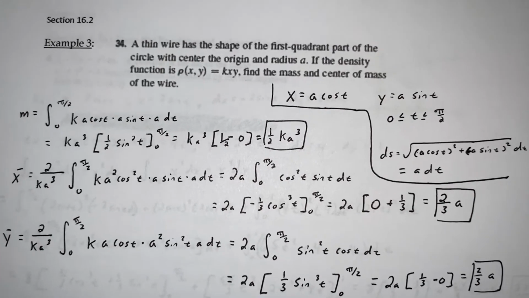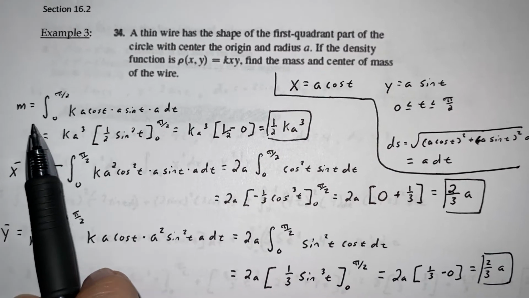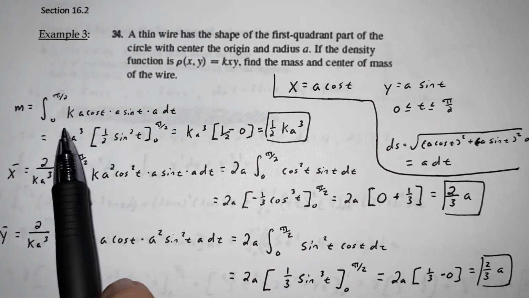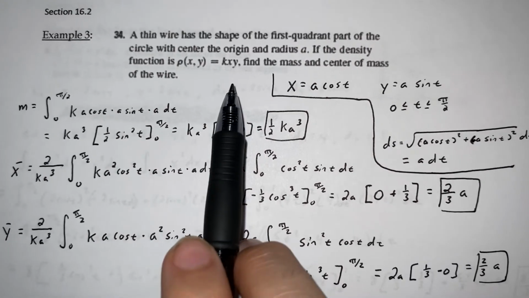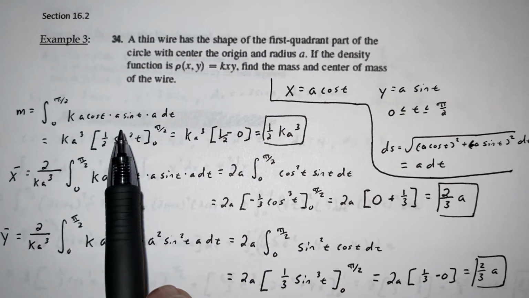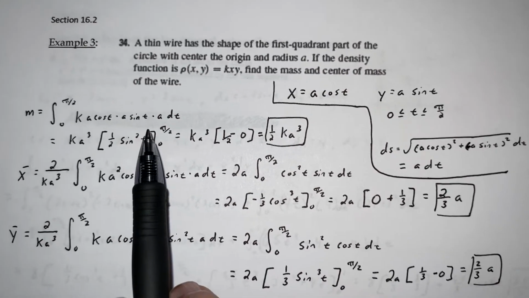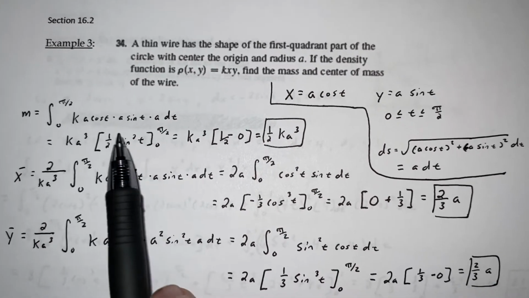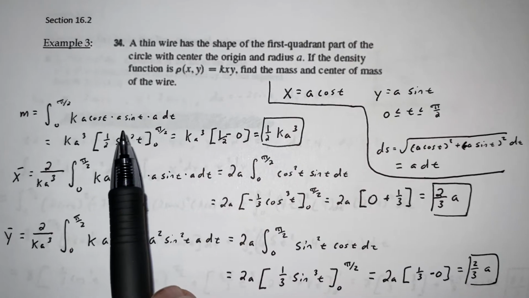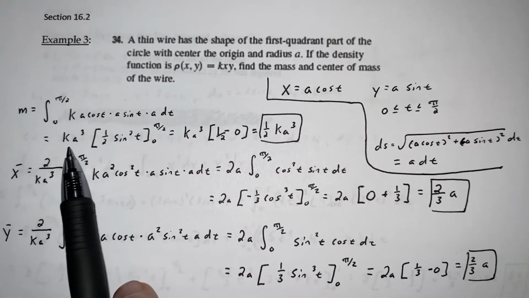Now I'm going to substitute into my mass function. My mass is equal to the integral from 0 to pi over 2 of kxy, so k a cosine t times a sine t, times a dt. I'm going to pull out my k's and a's because those are constants, so I have ka cubed on the outside.